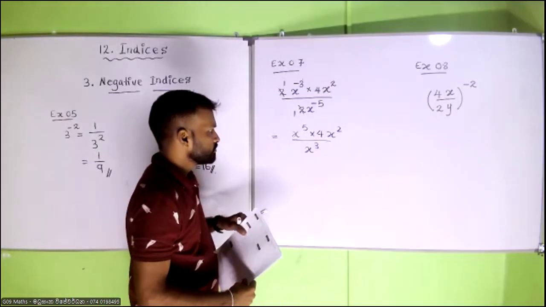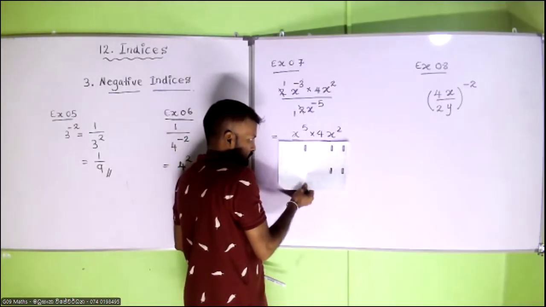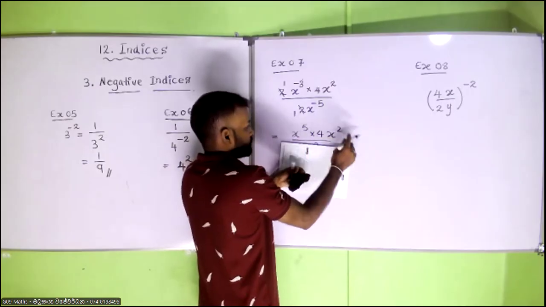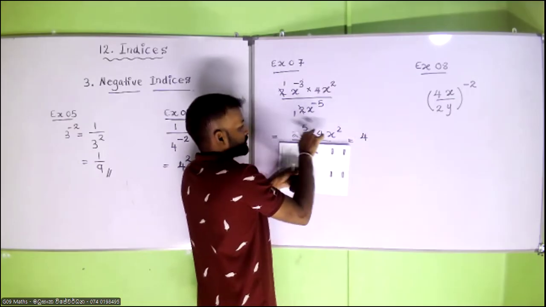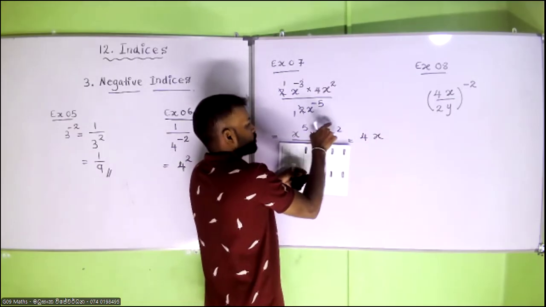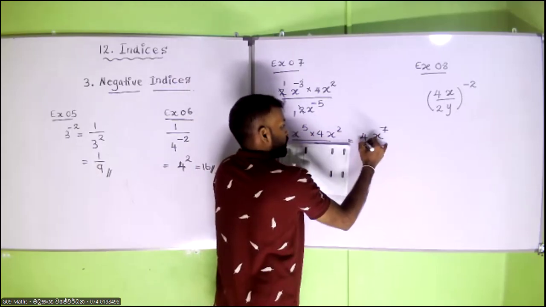Very easy. You can do it any other way, right? Denominator, numerator. 1 times 4, 4. X to the power 5 plus 2, because you are multiplying, 5 plus 2, 7.